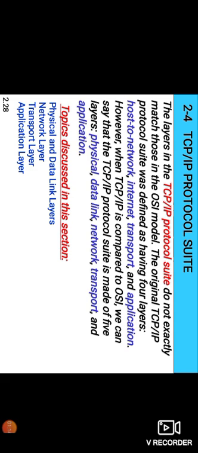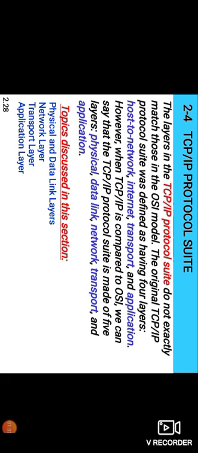That is, the host to network layer does the functions of the physical layer and the data link layer in the ISO OSI model.